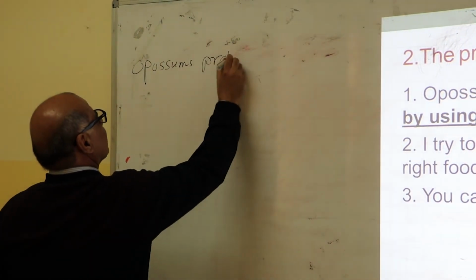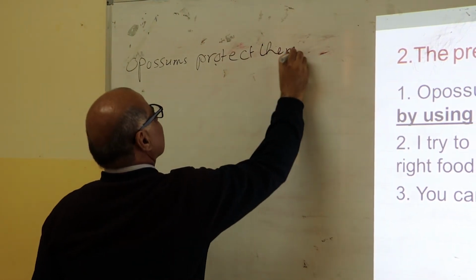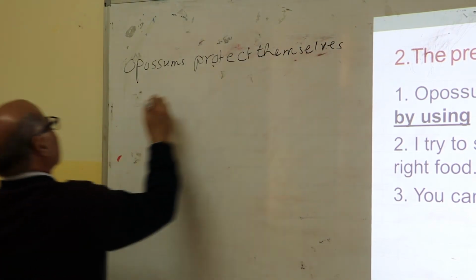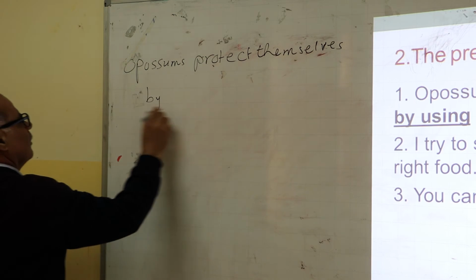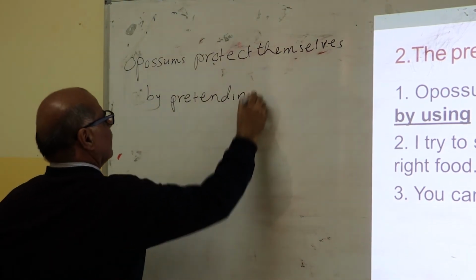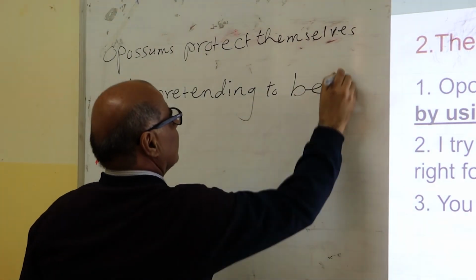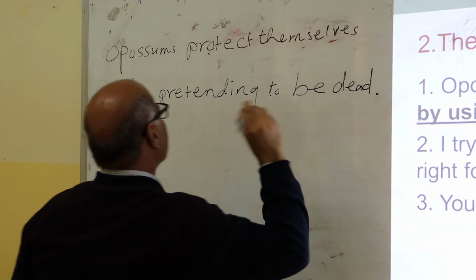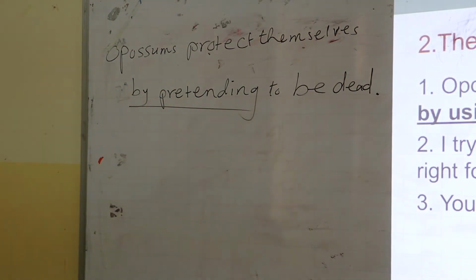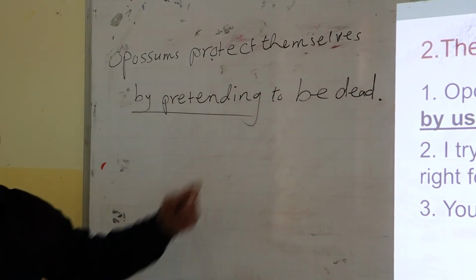By pretending. How do opossums protect themselves? By pretending to be dead.